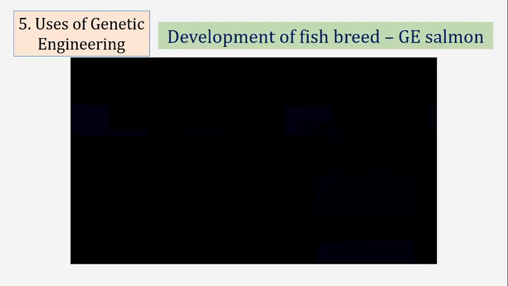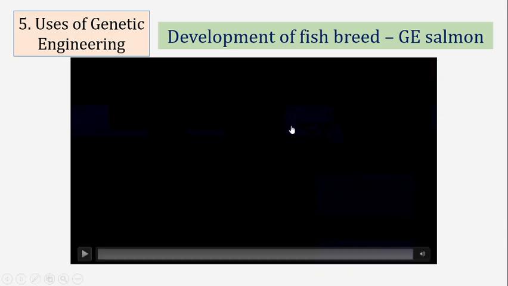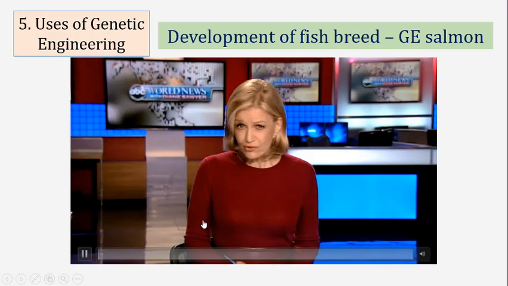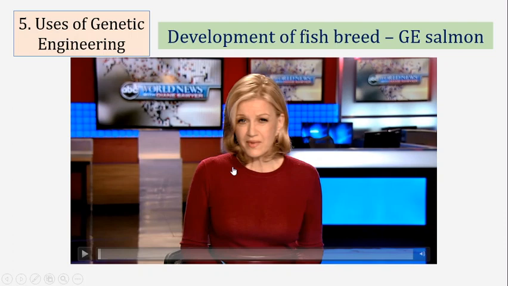And now we will discuss the role of genetic engineering in fisheries. Here we'll see the production of genetically engineered salmon fish. Salmon is a very famous and tasty fish, popular among Europeans and Western people. This salmon comes from the sea, and it has a very low growth rate.